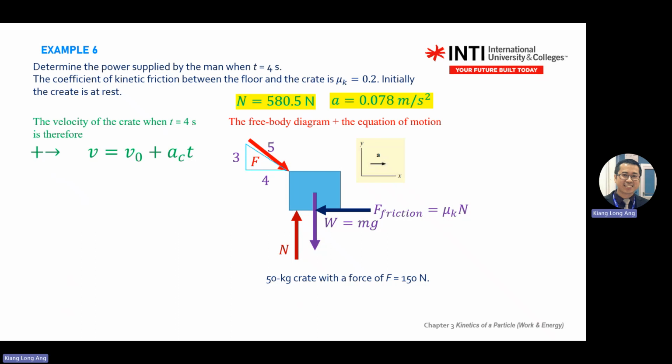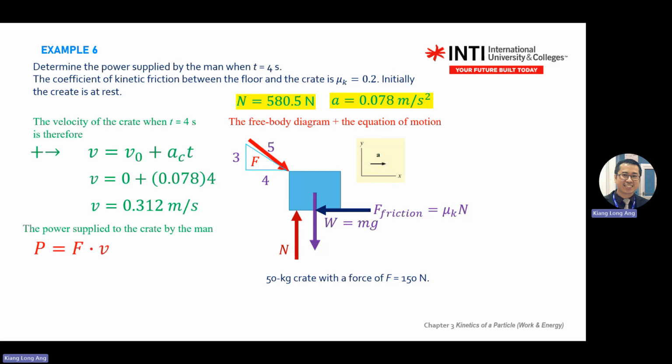Then you have the force already. But the force must be parallel to the motion. You have your V. This V is along the x-axis. So the power supplied by the man will be F multiplied by V, through the derivation just now.